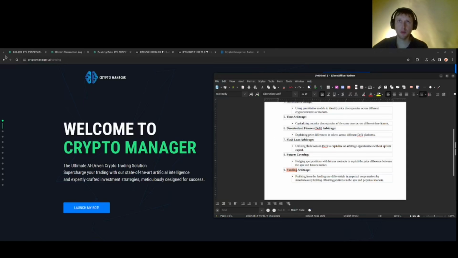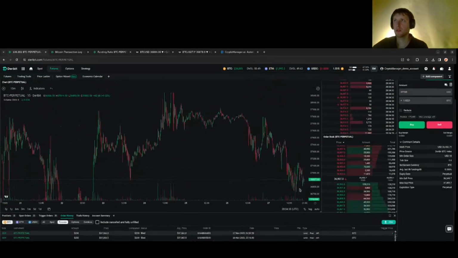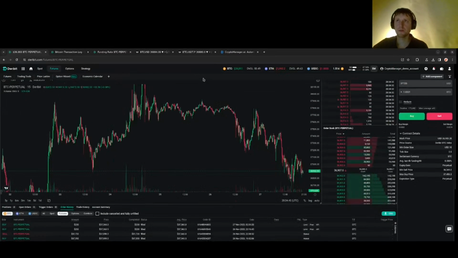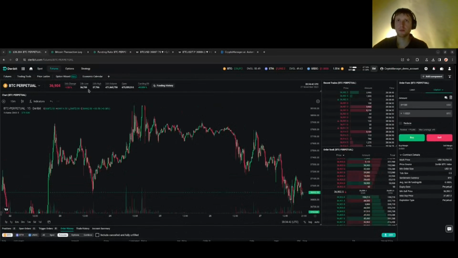For example, I will show you on Deribit. Here you see the index price. This is calculated from Coinbase, Kraken and other exchanges, and the price here is different. It's not the same.